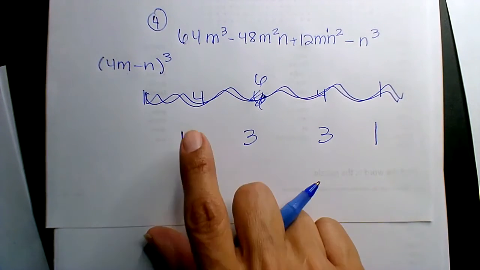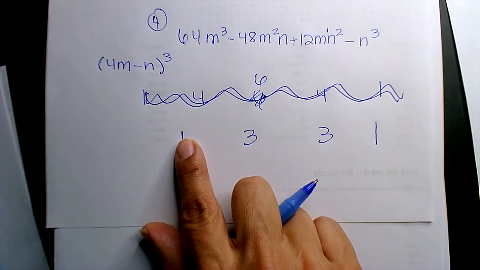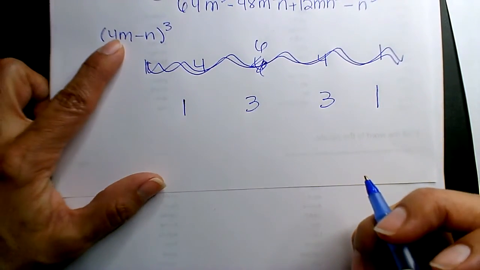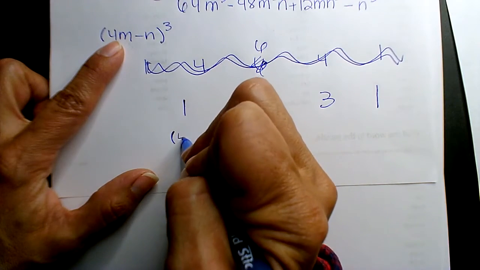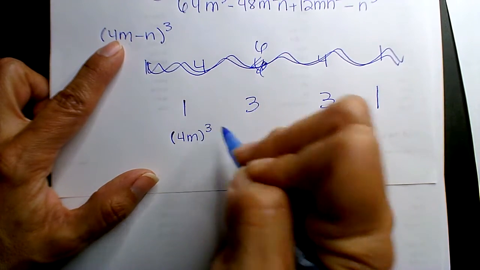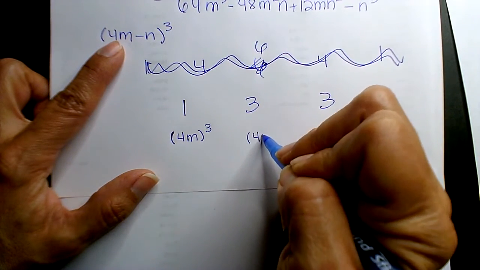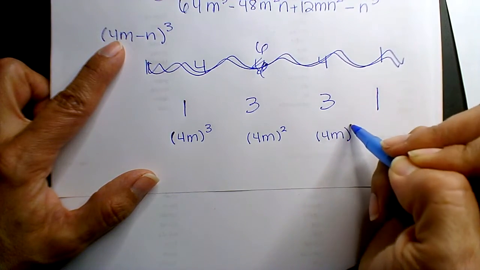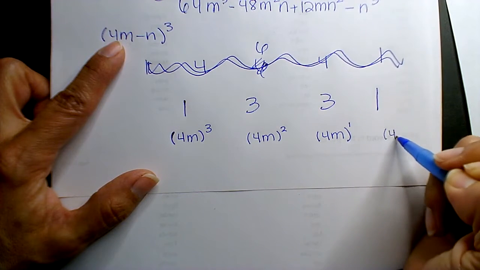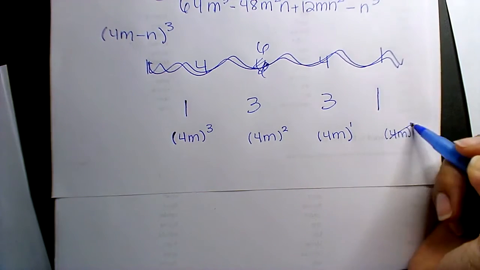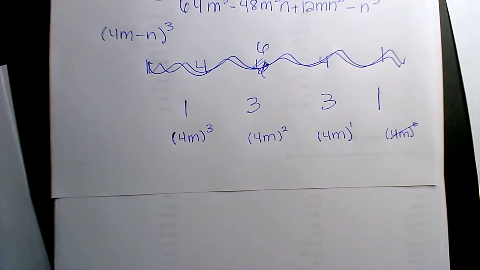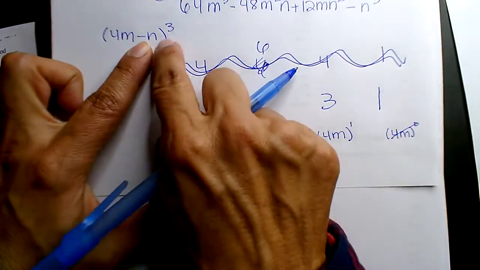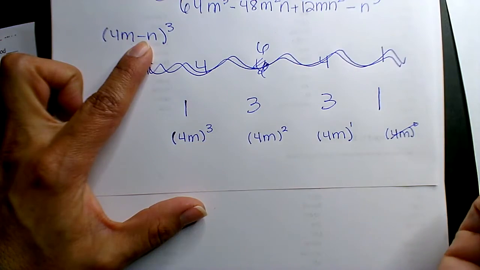Okay, so look. That has to get multiplied. Here's how it goes. You take the first term, 4m cubed, 4m squared, 4m to the 1, and then 4m to the 0. That doesn't matter, it's just 1, correct? Then the back one is negative 1 to the 0, but we won't even write it.